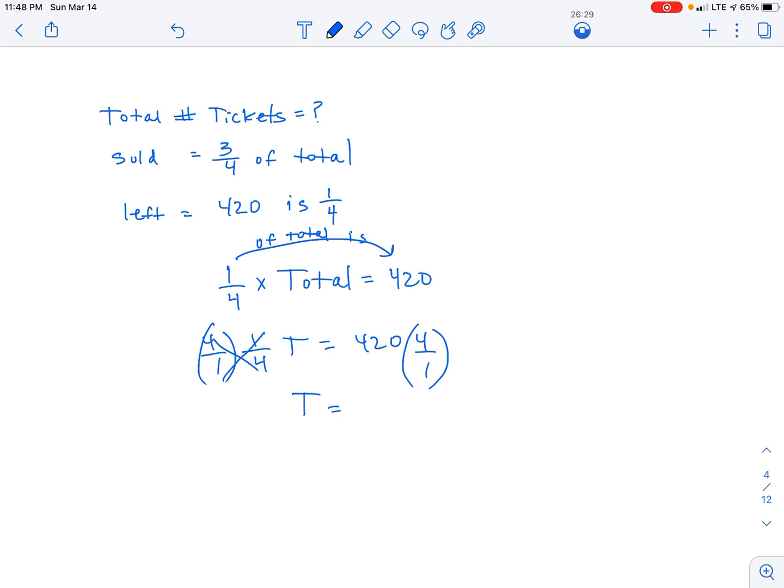And the total should be larger than this number, right? And it's going to turn out to be, oh golly, I didn't actually finish this one. So 420 times 4, I'll get my calculator here. 420 times 4 is 1,680. That's the total.